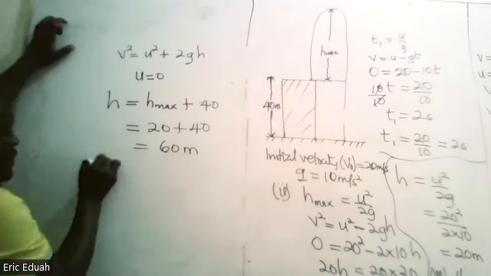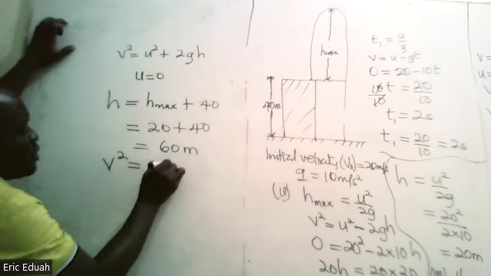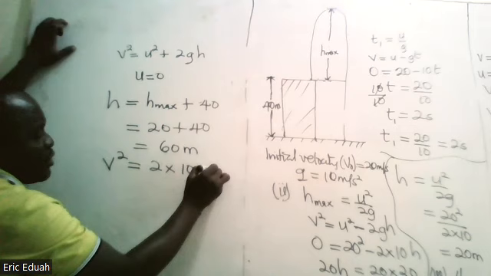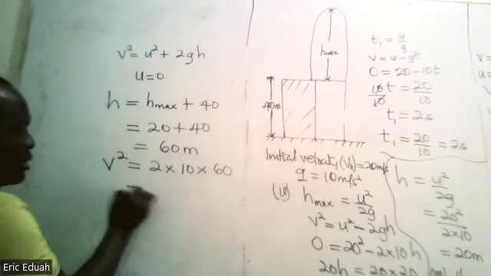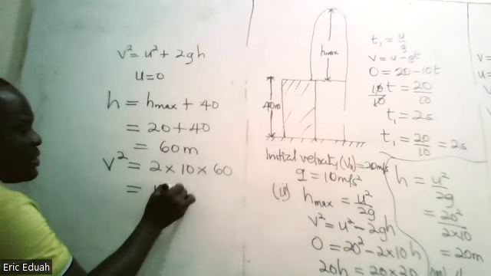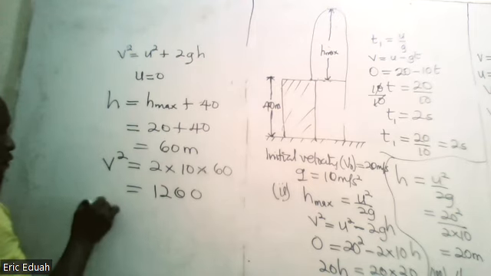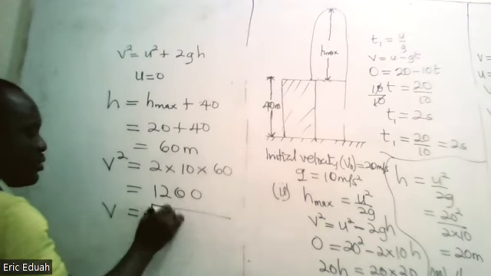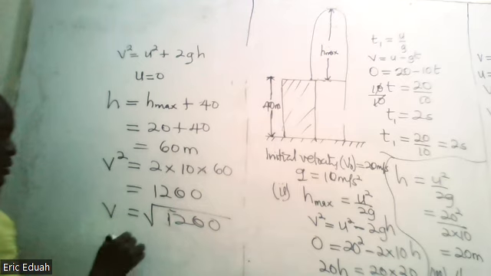So using V squared, with U as 0, we have 2 times 10 by the total height, which is 60. This gives us 1200. Therefore, V becomes the square root of 1200.